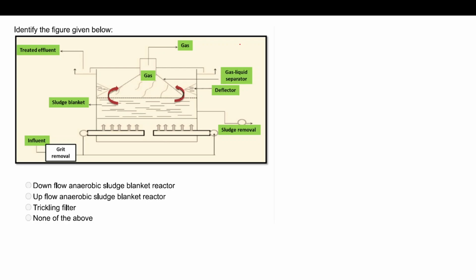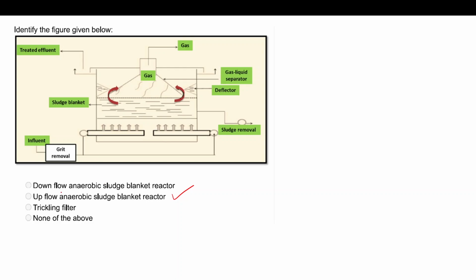So what type of treatment process it is? So can you tell me? Upflow anaerobic sludge blanket reactor. Yeah, so this is the correct answer. It is anaerobic because there is no oxygen supply here.